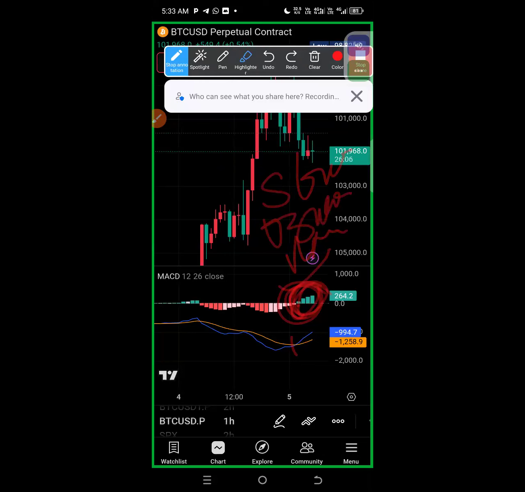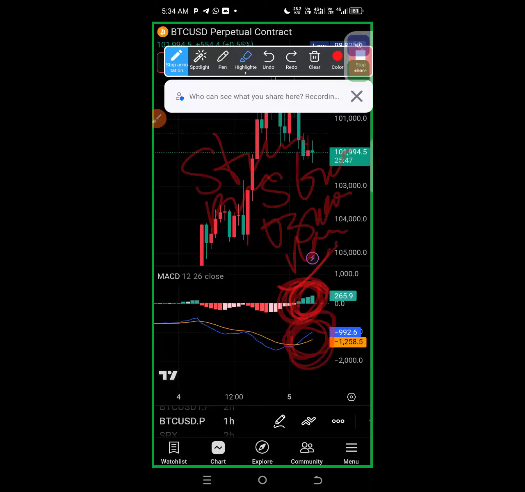So let the crossover happen above, and let the histogram also cross above the zero line. This may give us an indication that it is strong bullish momentum. Even though this is bullish, listen, I'm not saying this is not bullish, this is bullish.